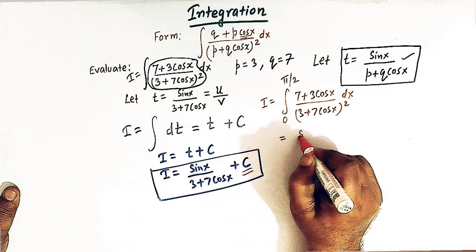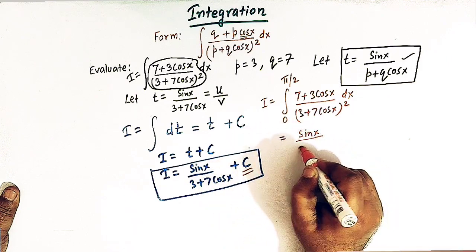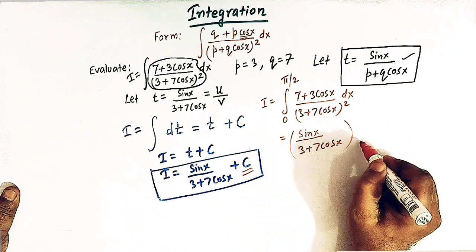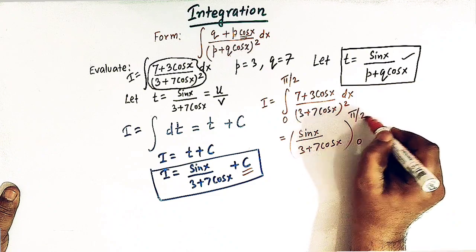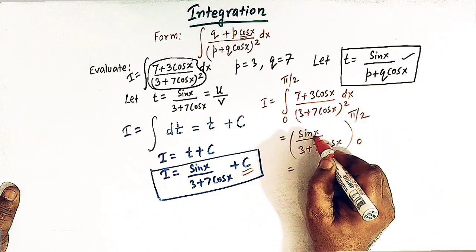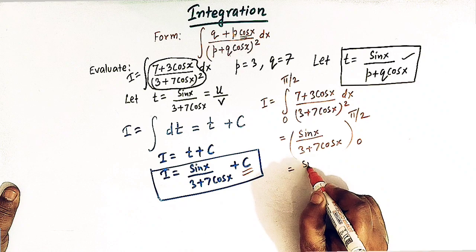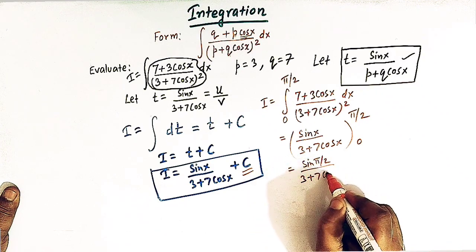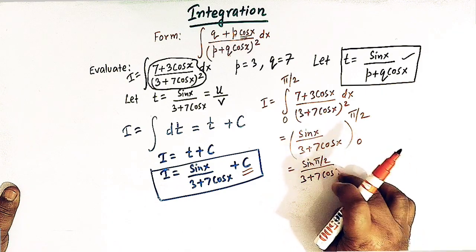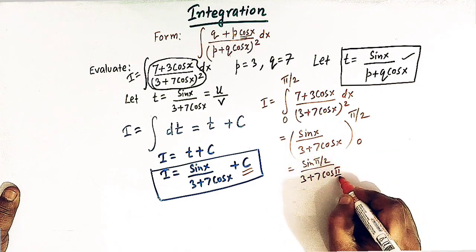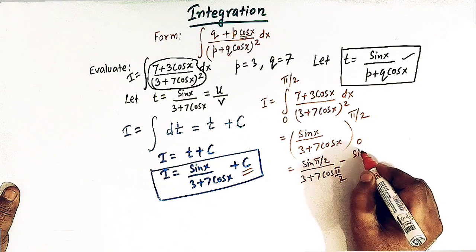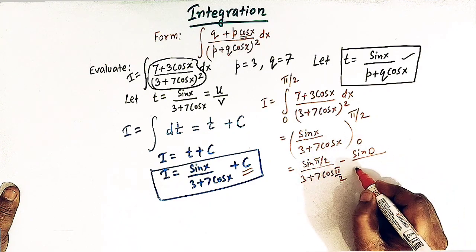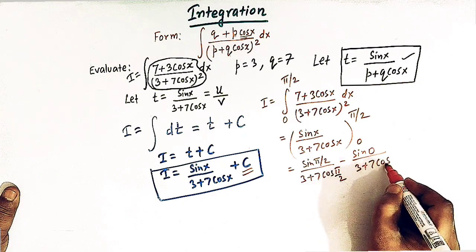So we'll simply write sine x over 3 plus 7 cos x, and the limits are from 0 to pi by 2. So when we take pi by 2, sine pi by 2 over 3 plus 7 cos pi by 2, and then minus sine 0 over 3 plus 7 cos 0.